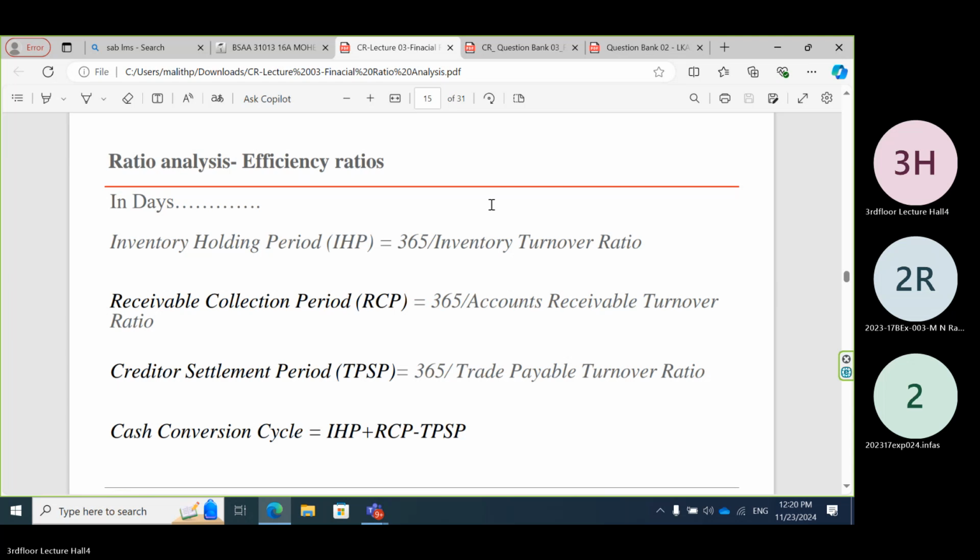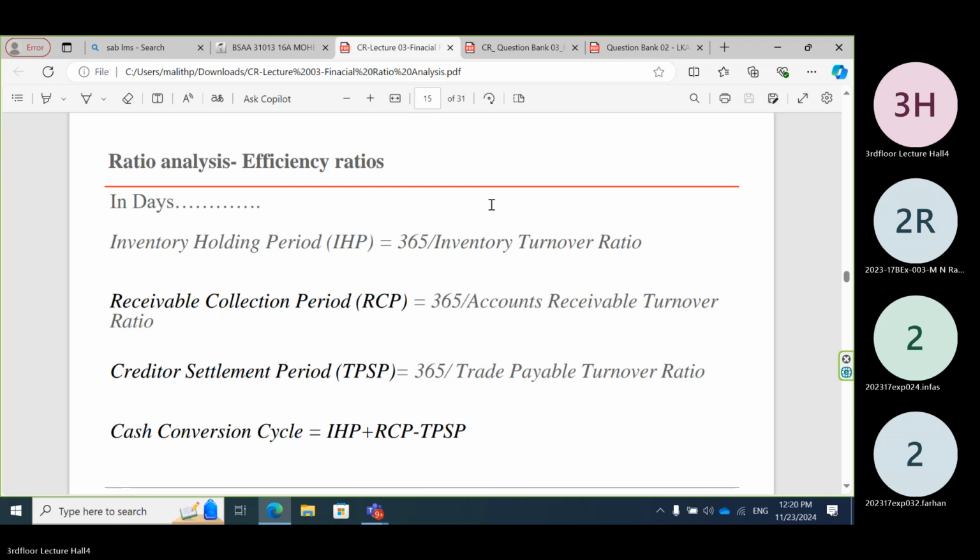This is average inventory holding period. Average inventory into 365 divided by cost of goods sold.